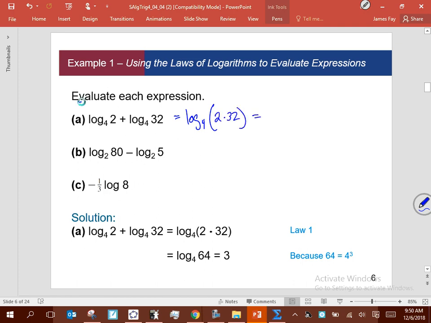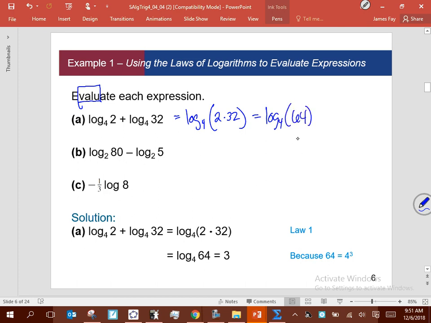Now, understand your vocabulary. It says evaluate, right? What's the key word in evaluate? Value. You're going to get a number back. So I get log base 4 of 64 as my argument.